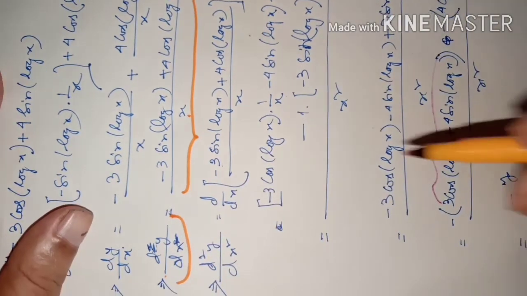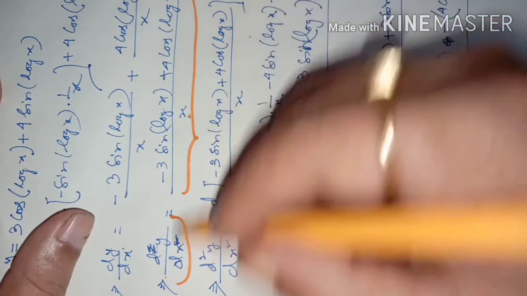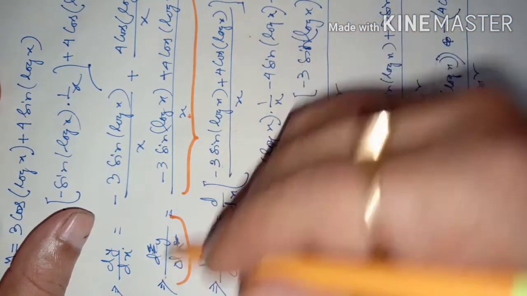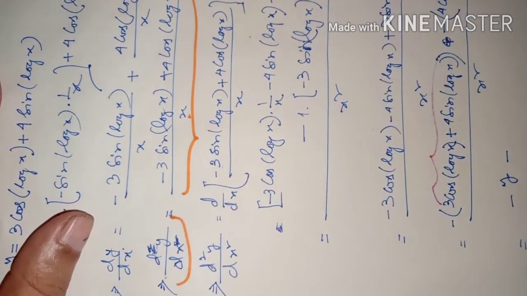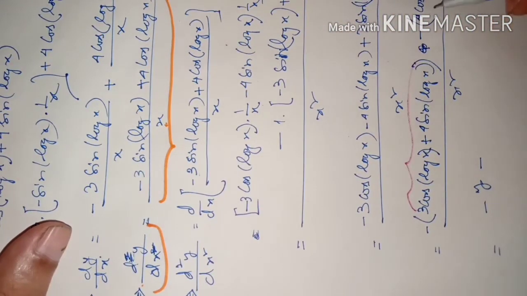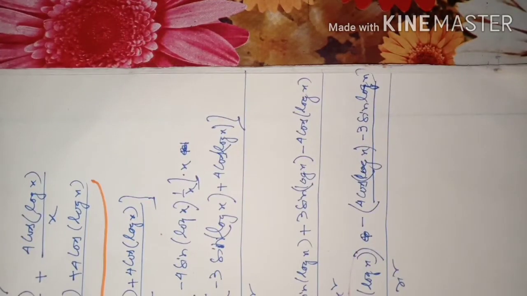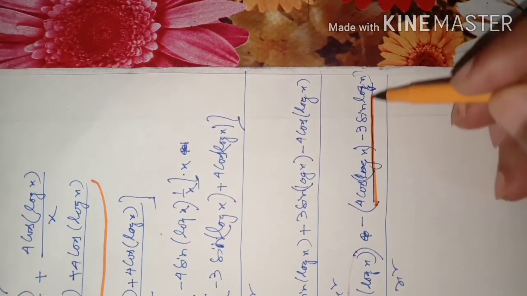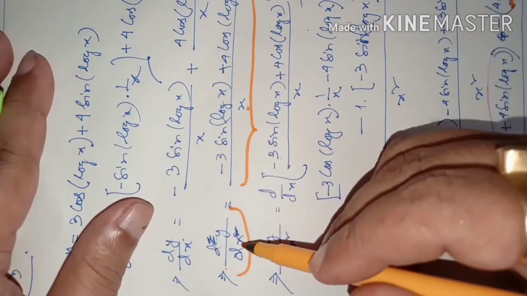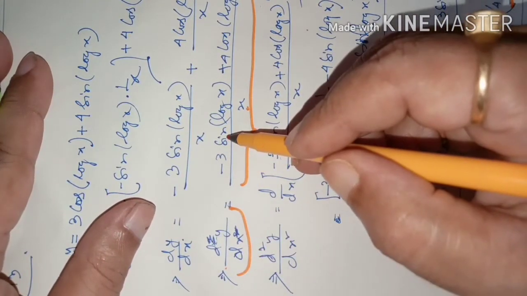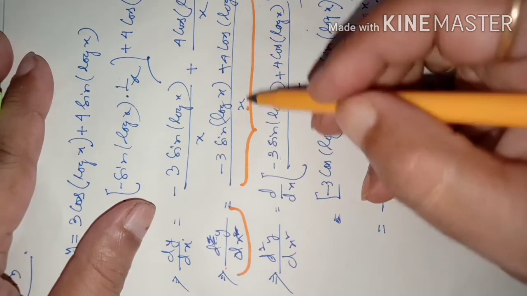So think that way. Suppose I transpose this x to the left hand side, x into dy by dx, where dy by dx is y1. So for this whole thing, please see students, what can I write? X into y1, because dy by dx is equal to minus 3 sin log x plus 4 cos log x by x.